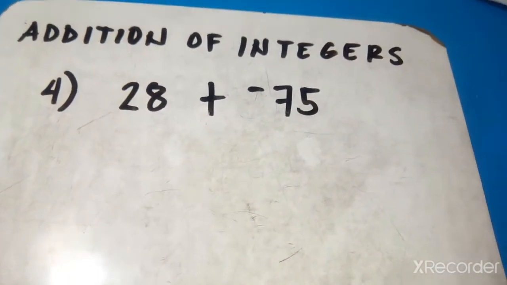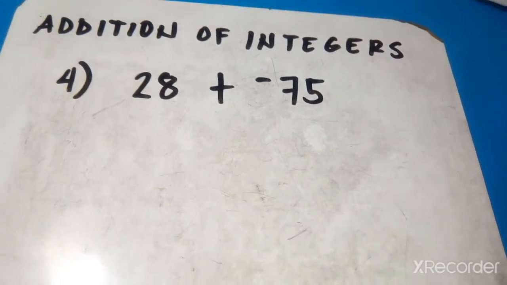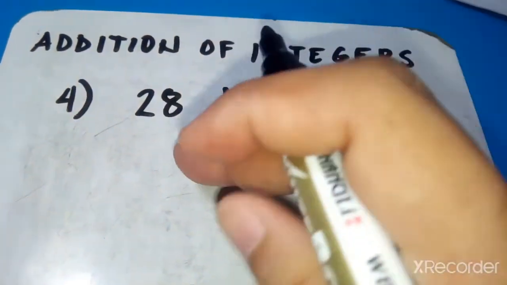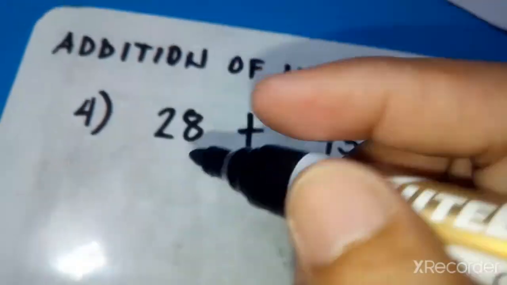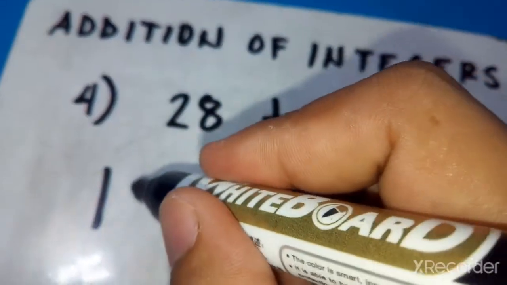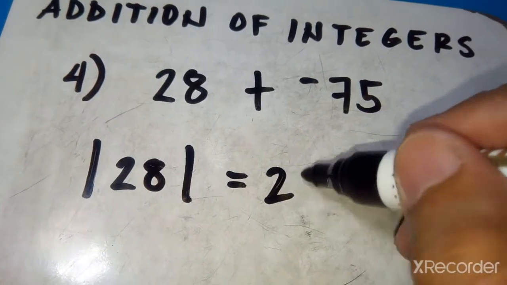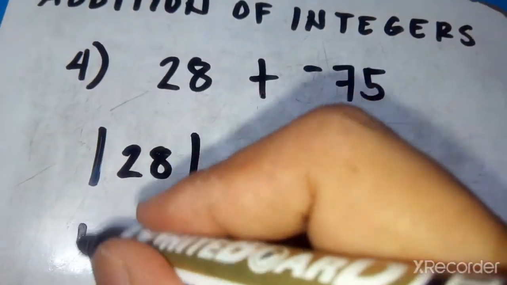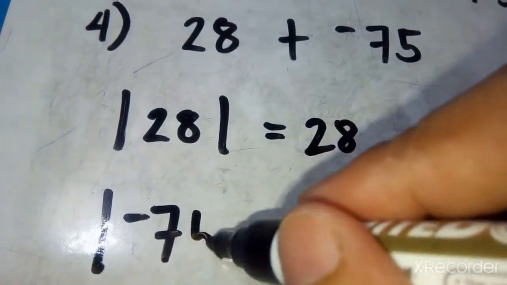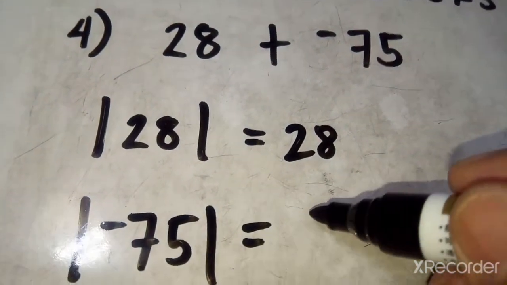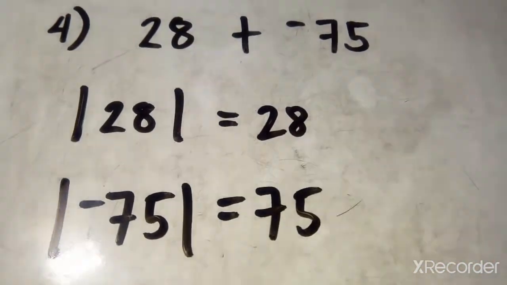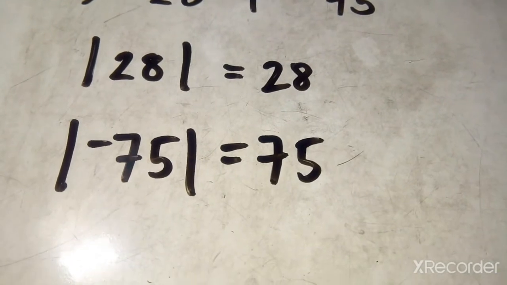Okay, so let's get the absolute value of each addend. So the absolute value of 28 equals 28, and the absolute value of negative 75 equals 75. Then get their difference.